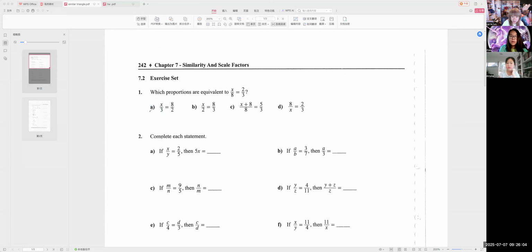When you see something like that, always cross multiply. So 2x equals 24. So x equals 12. 3x equals 16. x equals 16 over 3. So 24 equals 2x. x equals 12.